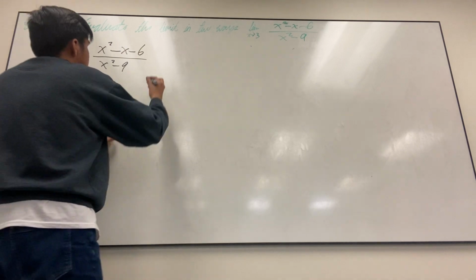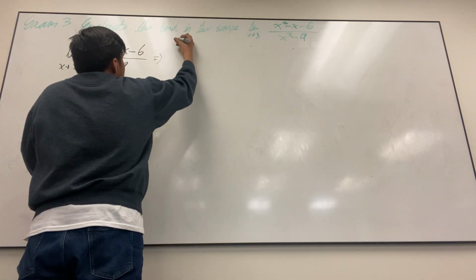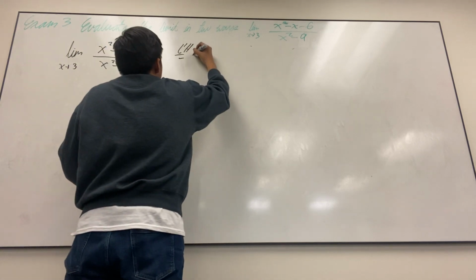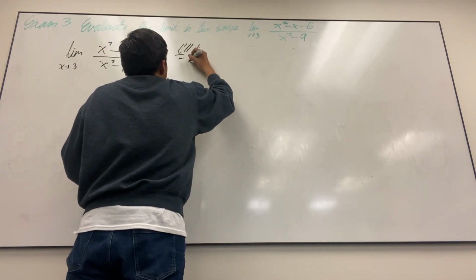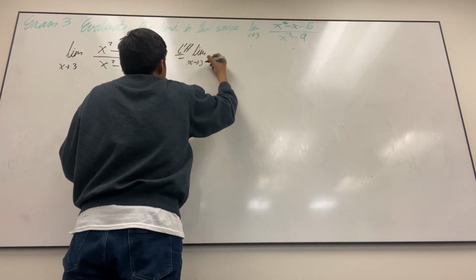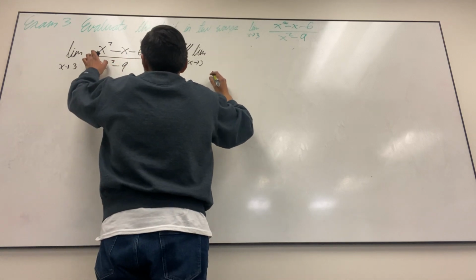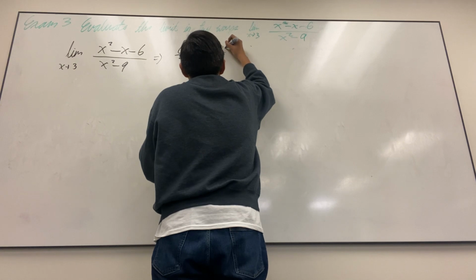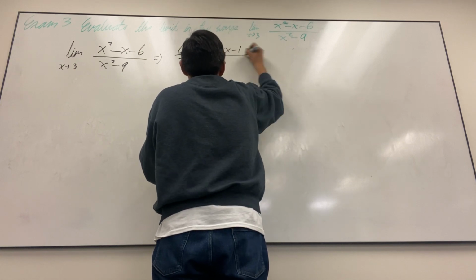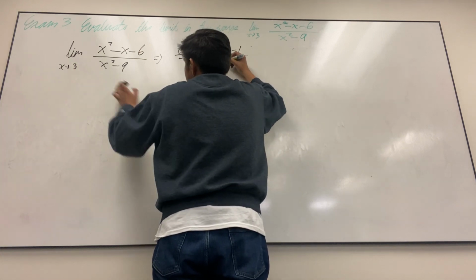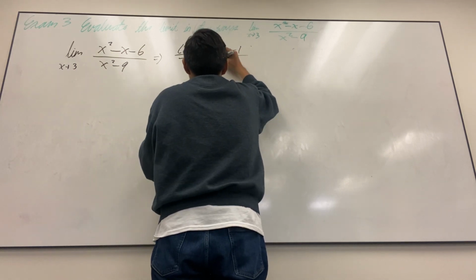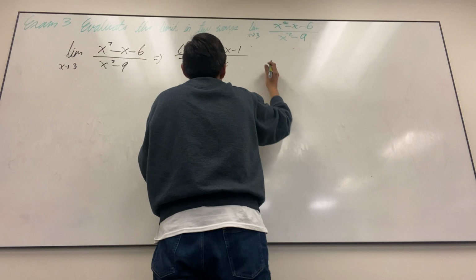So this becomes the limit as x approaches 3 of the derivative of x squared minus x minus 6, which is 2x minus 1, over the derivative of x squared minus 9, which is 2x.